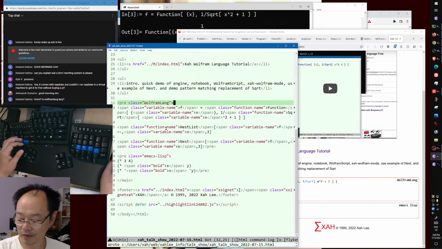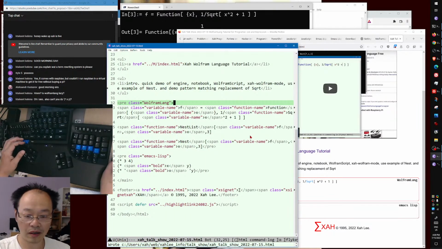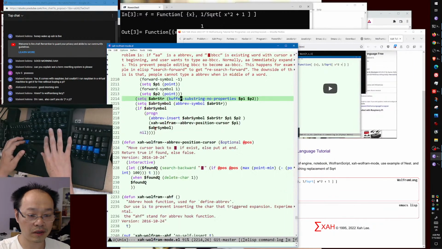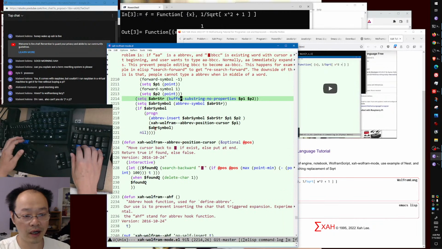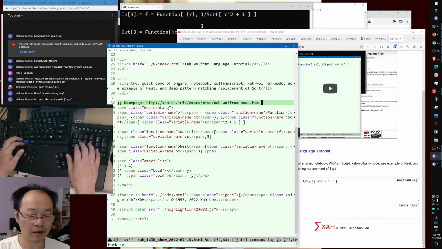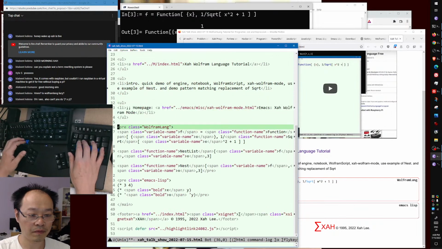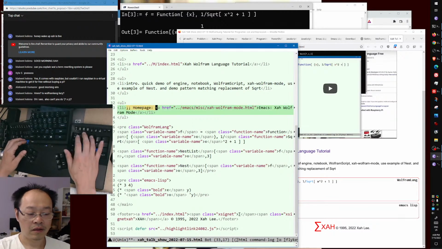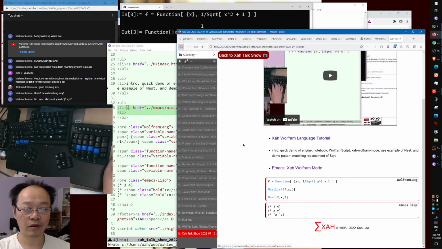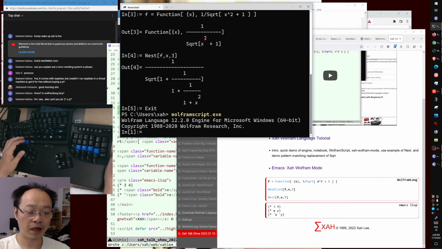Okay, hold on a second. Close that. Wolfram mod. I want to show you Wolfram mod. Paste it here, XOR Wolfram mod, so you can have a link to it. Let me demonstrate symbolic pattern matching.